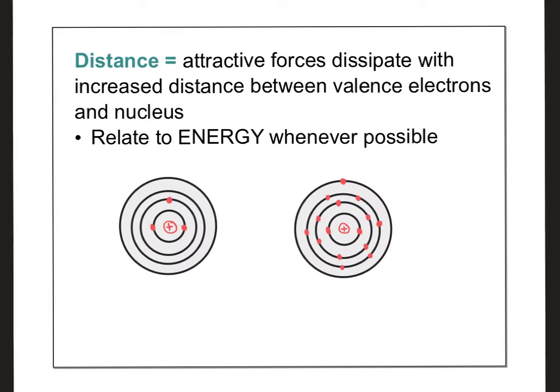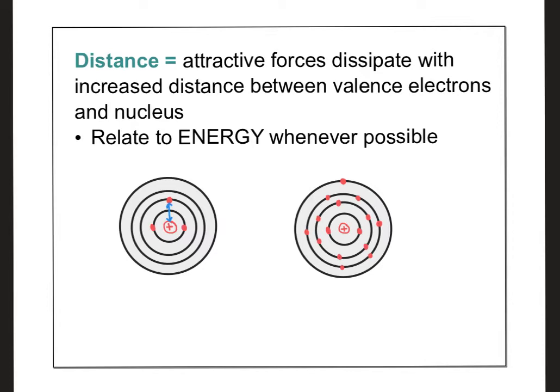Another very important factor that we're going to look at is how distance impacts the periodic trends. As we increase distance, the attractive forces between the nucleus and the valence electrons are going to go down. So let's relate that to energy, to Coulombic attraction or electrostatic attraction. If I have an element like lithium here with 3 electrons, I'm measuring the distance from the positive nucleus to the outermost electrons.